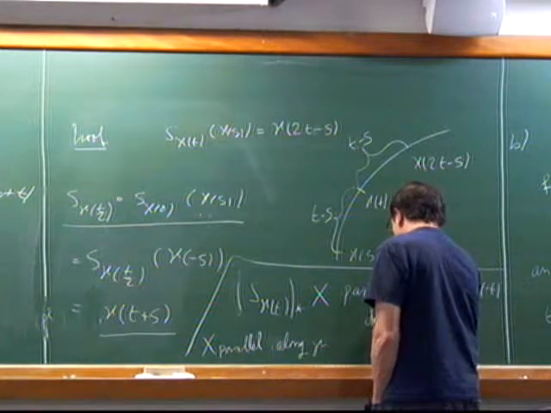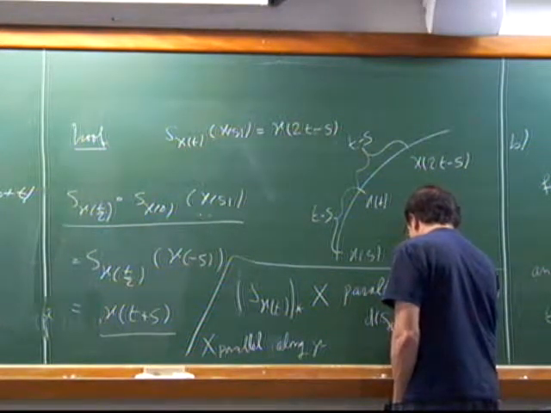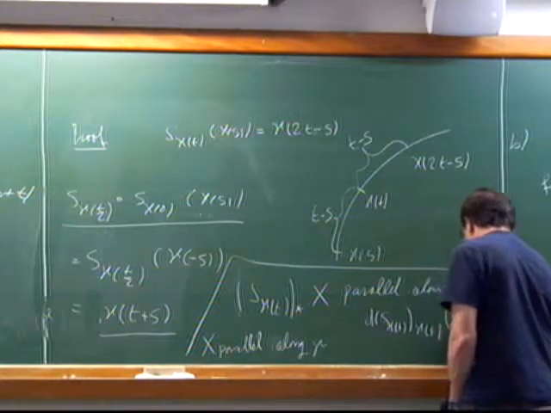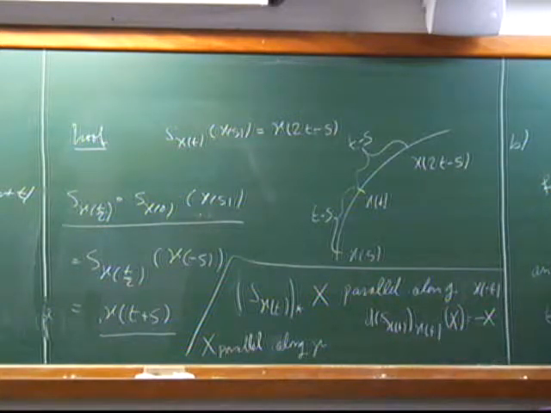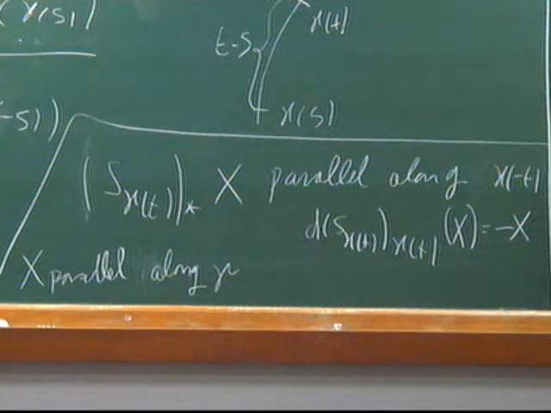The derivative of S gamma of t at gamma of t applied to x is minus x, by definition of the symmetry. So a parallel vector field along the geodesic, the symmetry flips the geodesic, takes a parallel vector field again to something parallel, but at the base point it just takes it to minus x.